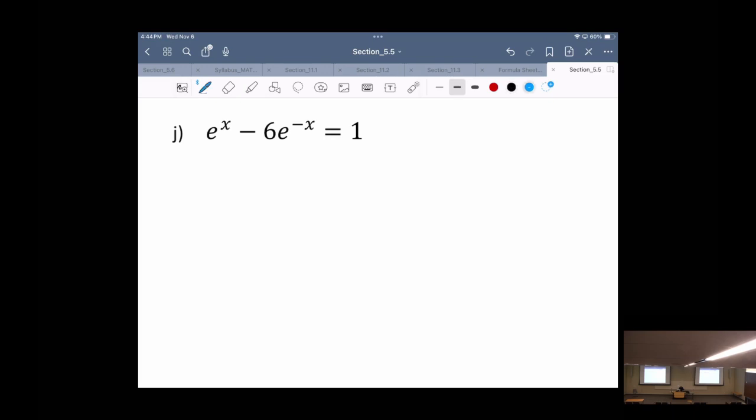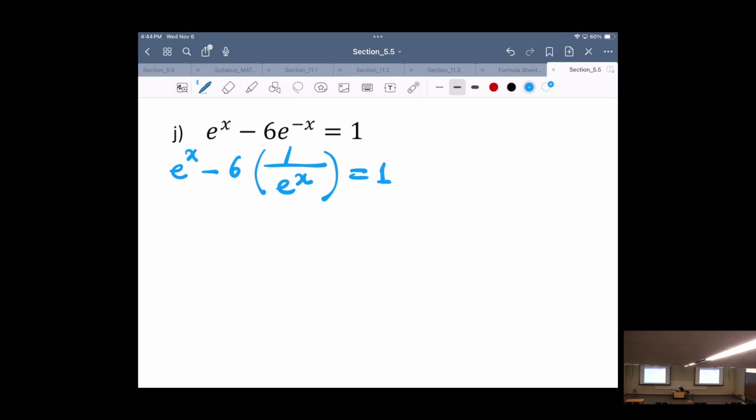All right. So looking at this, the first thing that catches my attention is this term, because it has a negative x power, right? So I tend to want to rewrite that with positive power. So I write e to the x minus 6 times 1 over e to the x equals 1.